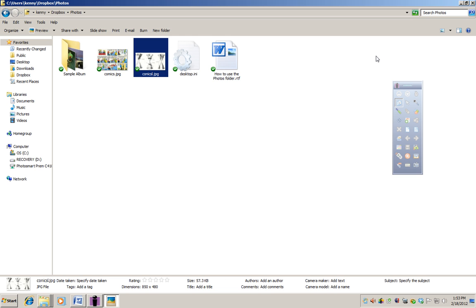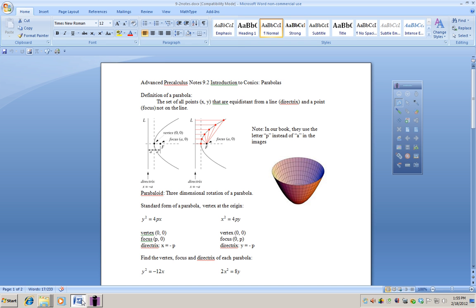Okay? That's section 9-2. So this is a little bit different than definitions of parabolas you have had before. So the definition of a parabola in this case is the set of all points that are equidistant from a line called the directrix, and a point called the focus that is not on the line.